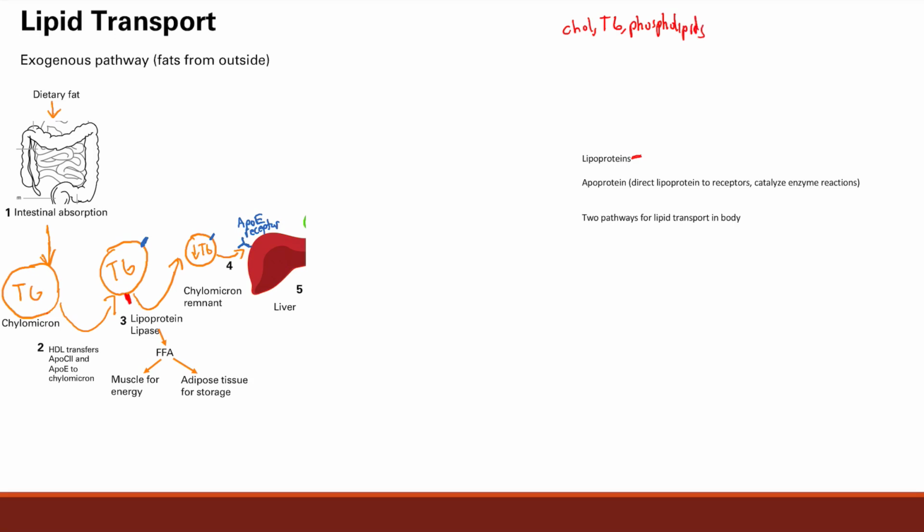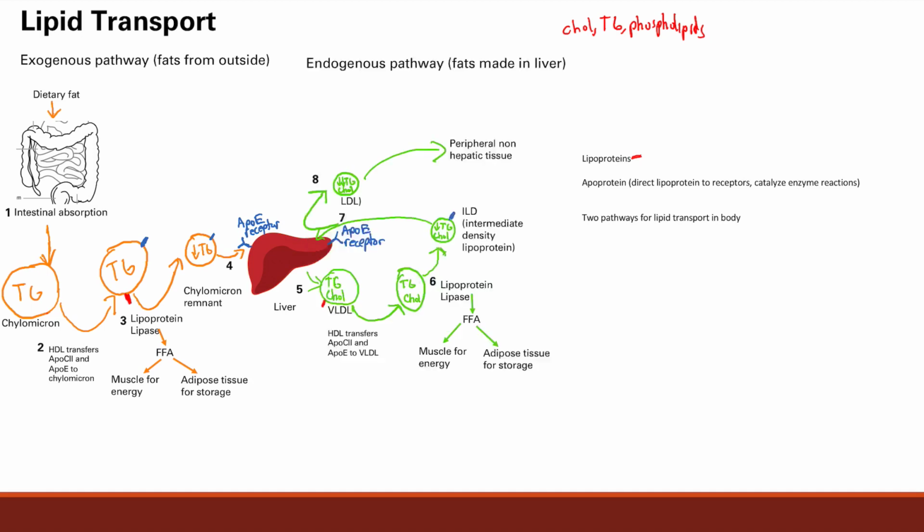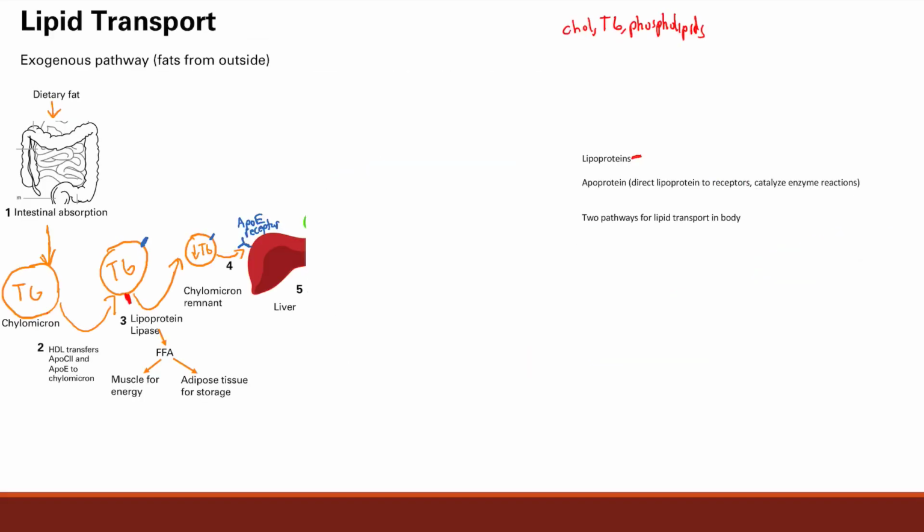And there are 5 classes of lipoproteins. So there's 5 different flavors of lipoproteins. And in order of increasing density, there's going to be something called a very low density lipoprotein, VLDL.